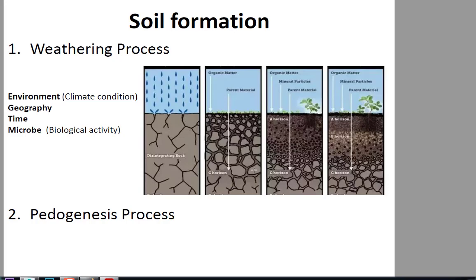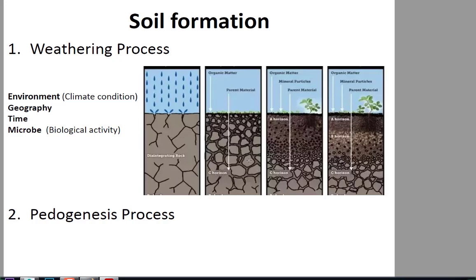The weathering process is a general process of the weathering of rocks. By different natural conditions, huge rocks are weathered, and these rocks convert into fine particles which are known as soil.